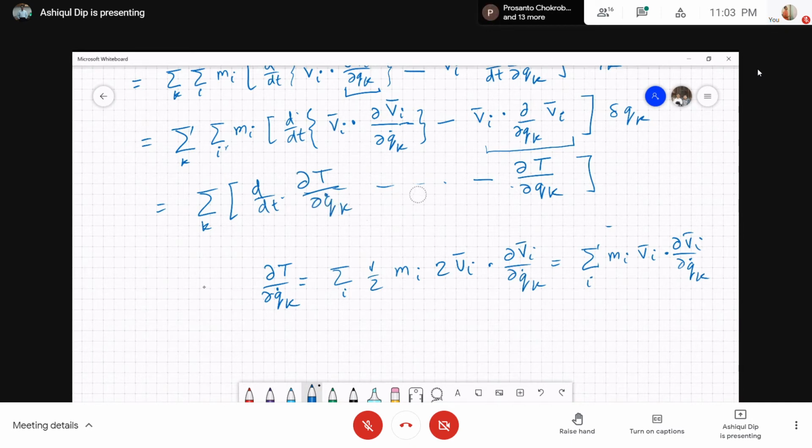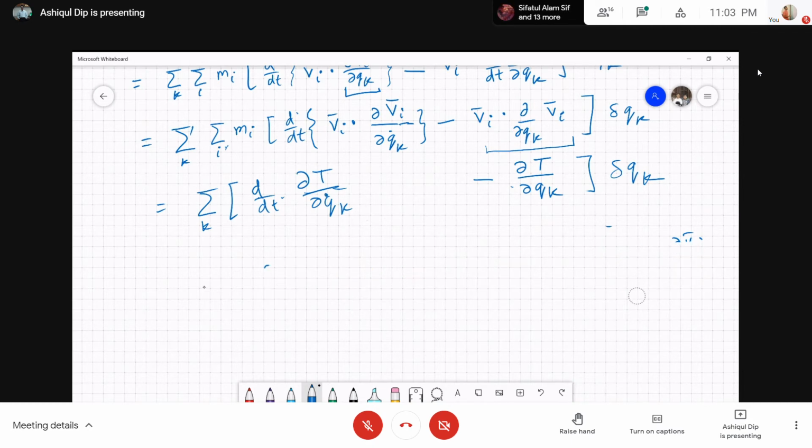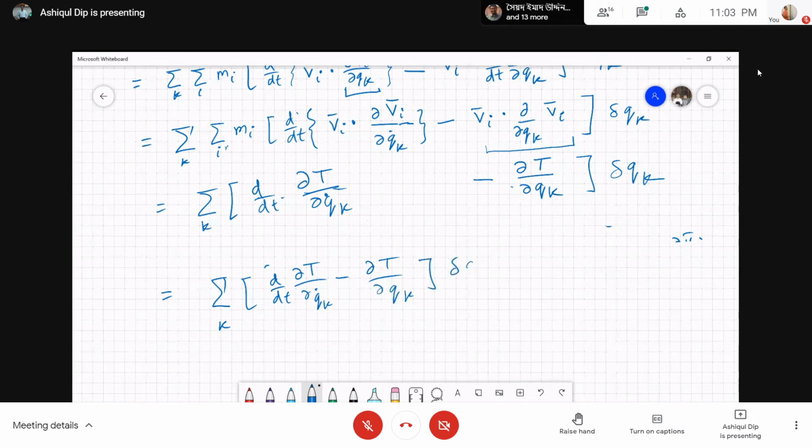So we are left with these two things, and these look nice. Finally we got the result we wanted. So sum over k of d/dt of ∂T/∂q_k dot minus ∂T/∂q_k, and then the variation of q_k.